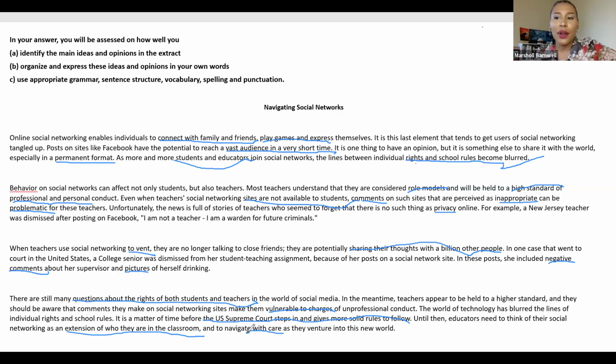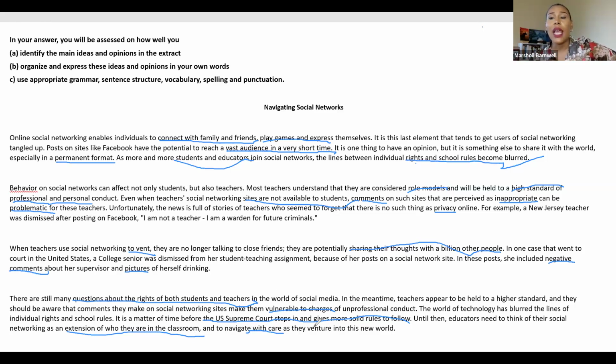So the final paragraph is all of these concerns about social media leading to teachers being vulnerable to charges based on their content and their engagement on the networking sites. The rights and the rules which guide students and teachers should be more solid and put forward by maybe the US Supreme Court.